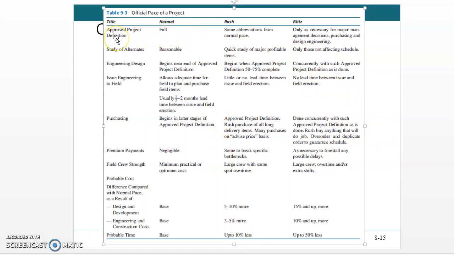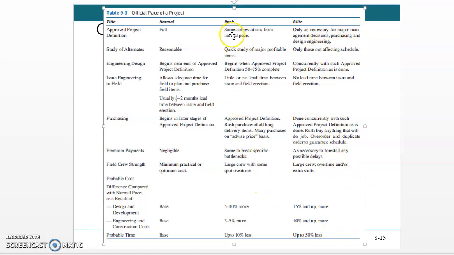For example, the approved project definition in the normal situation will include the full definition. However, in the rush approach, some abbreviations from the normal can be allowed, or in the blitz approach, which is rather more fast, only as necessary for major management decisions or purchasing and design engineering.